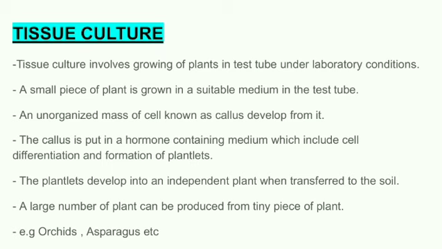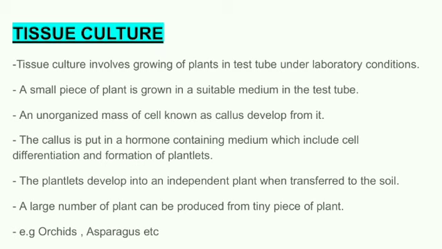An unorganized mass of cells known as callus develops from it. After some time, we will see that callus, or small plantlets or a small group of cells, have developed from that part of the plant inside the test tube.